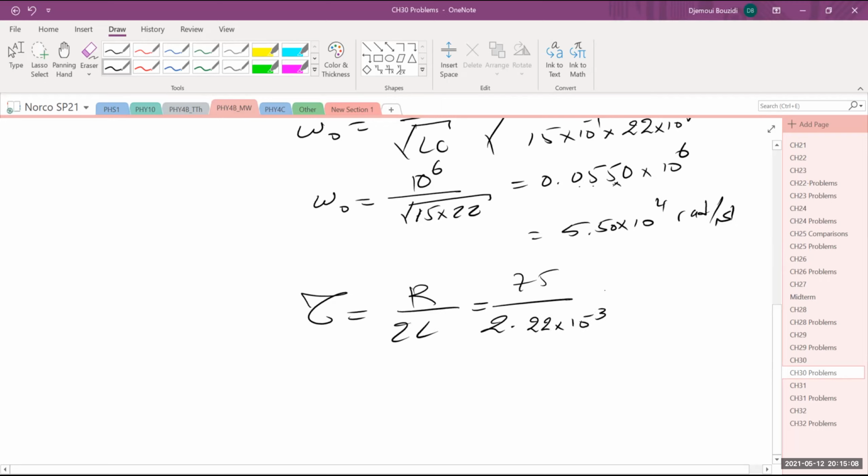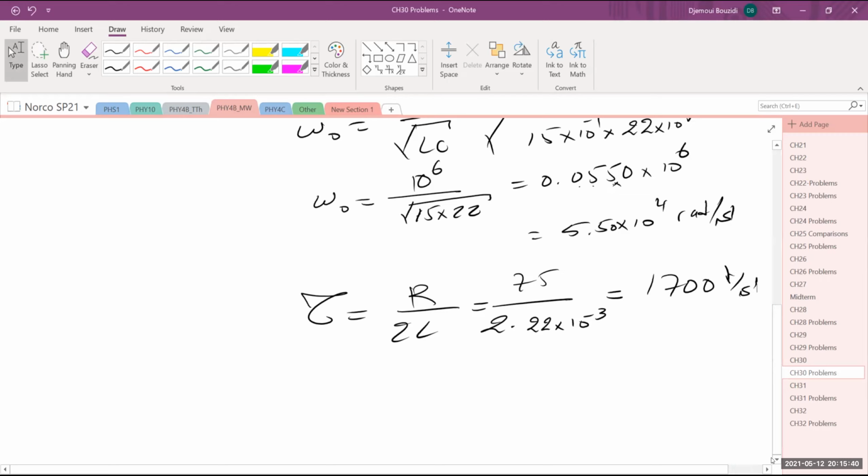That is 75 divided by 2 times 22 times 10 to the negative 3. I don't have to worry about the square root or anything like that because it's just the ratio of these two numbers. So it's telling me it's 1700 radians per second, or 1 over seconds. Remember, both of them have the units of 1 over seconds.